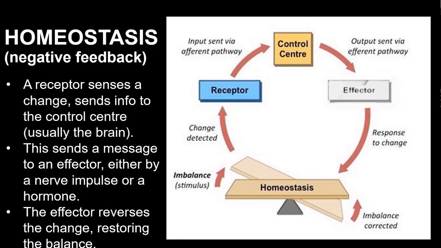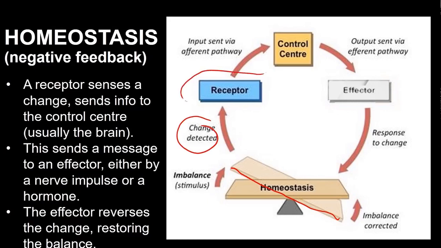Let's have a look at what we call a negative feedback loop. How does this negative feedback actually work? So if we look here, first thing is, if there is an imbalance, in other words, there's too little glucose, too much carbon dioxide, the change has to be detected, and the change is detected by a receptor.